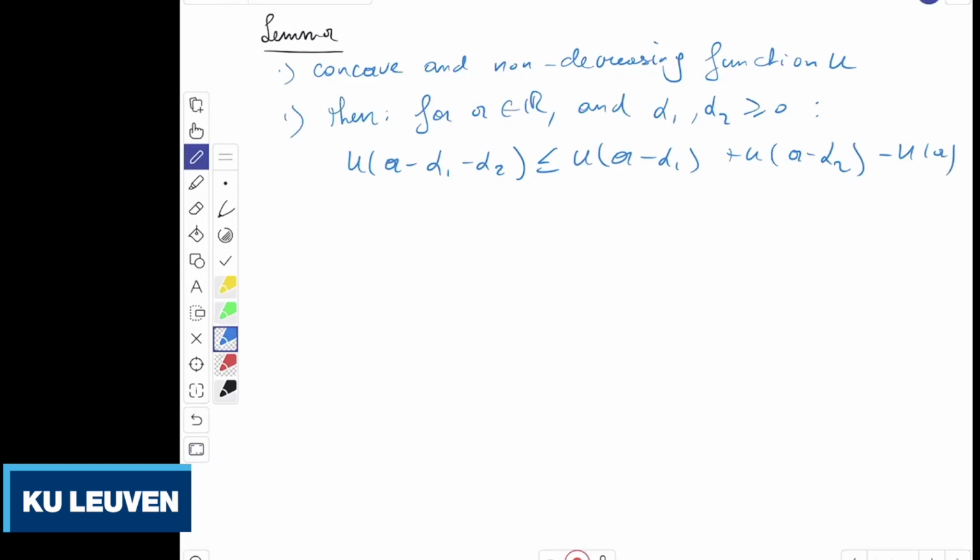So I leave the proof for you. You can try the proof. It's not a complicated proof, but you really need to use that property of concave functions, where you see that if I subtract or add something, then the effect on u becomes smaller when you move up, or becomes bigger when you move down over your function.